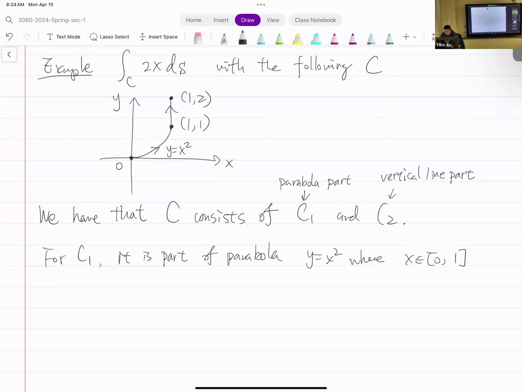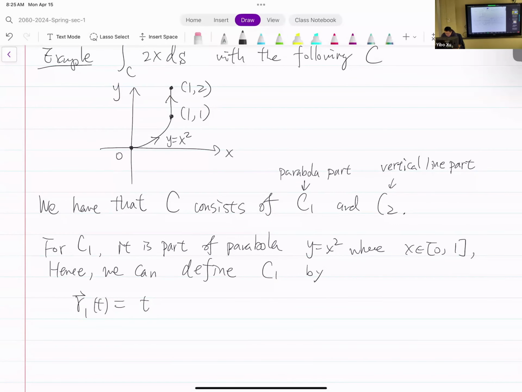We can think about the natural parameterization where you just use t to be x, from 0 to 1. Hence, we can define C1 by the following vector function, which we call r1 of t. We just choose t to be x, so x is t, and y is x squared, which is t squared.